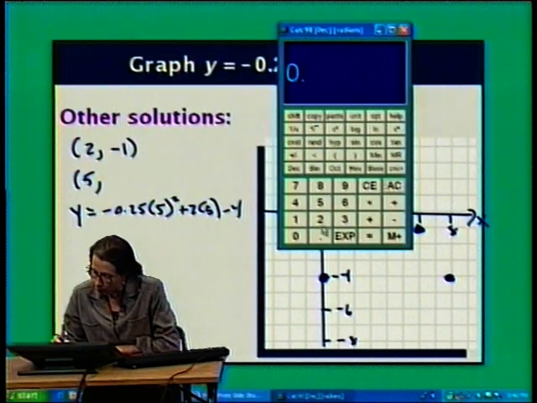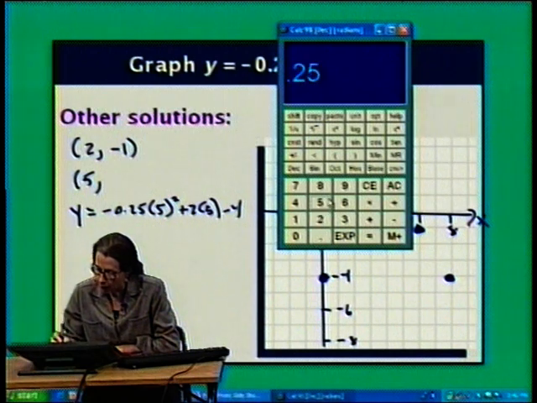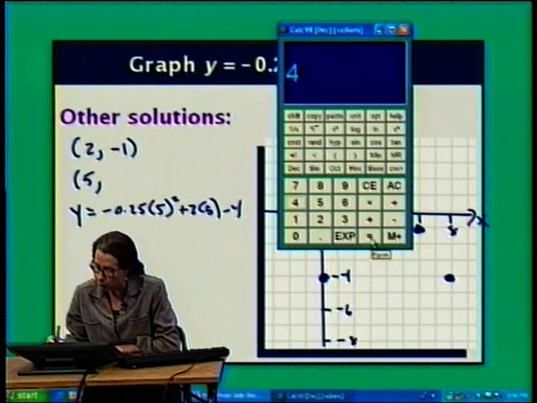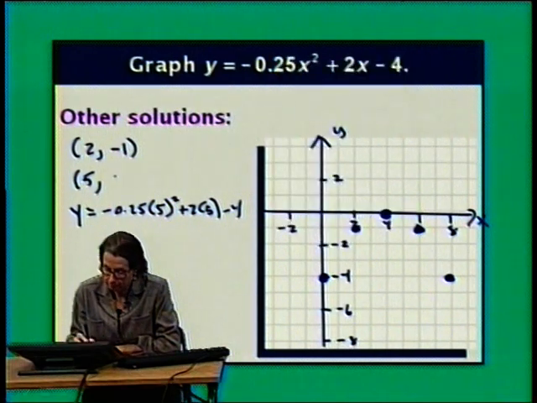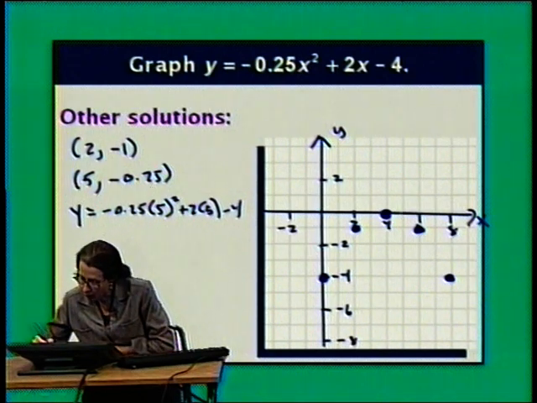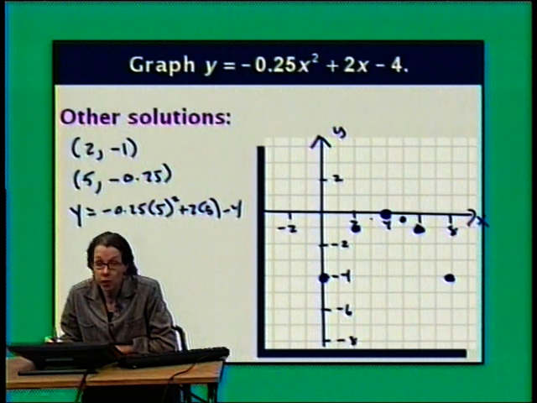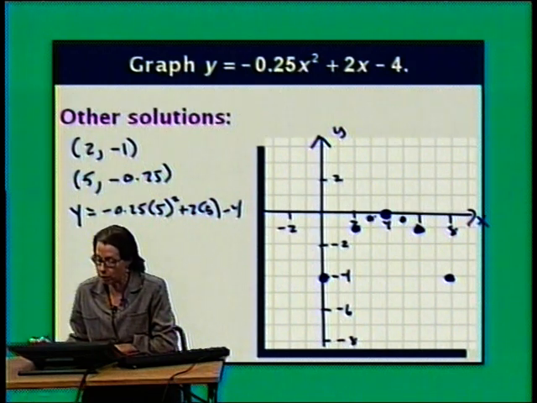So I have negative 0.25 times 5 squared plus 2 times 5 minus 4. That's going to be -1/4. So the point (5, -1/4) is on the graph. Using symmetry, (3, -1/4) should also be on the graph.